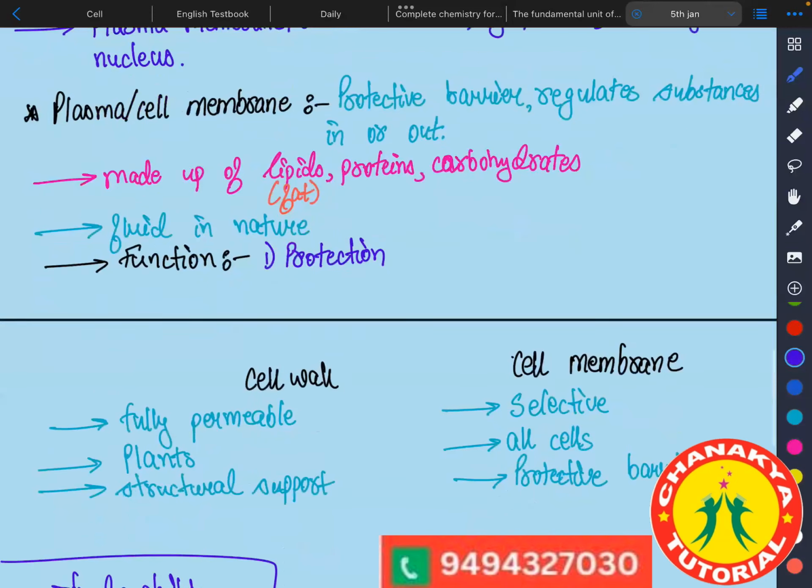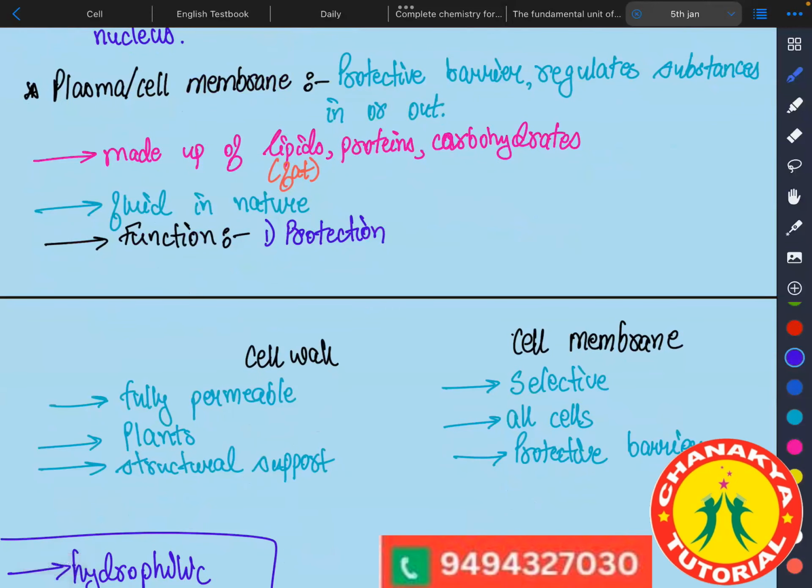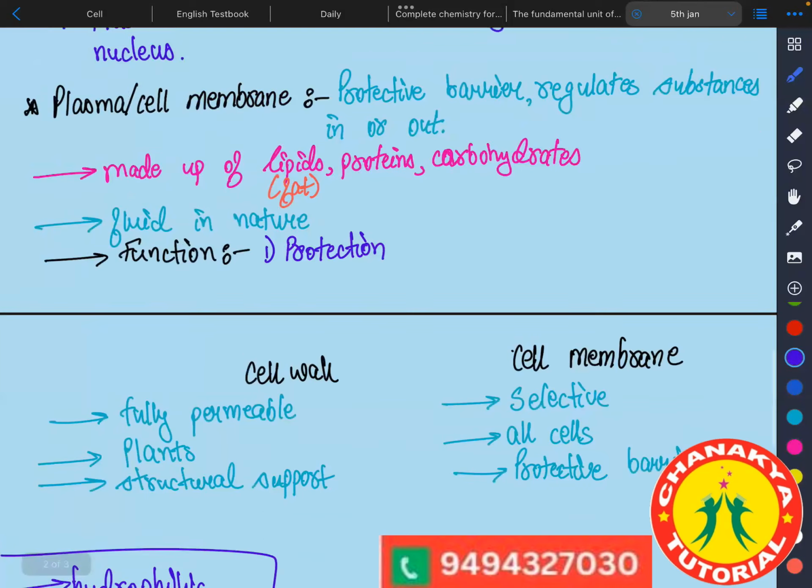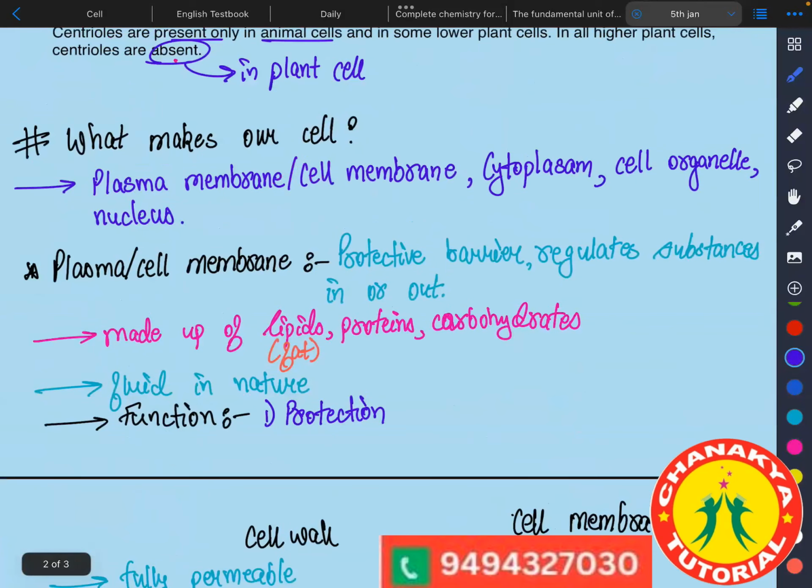Right. So our cell membrane basically protects our cell from outer danger, and that's why it is important. Because of its function of regulating what goes in and out, it can stop harmful material from entering the cell.